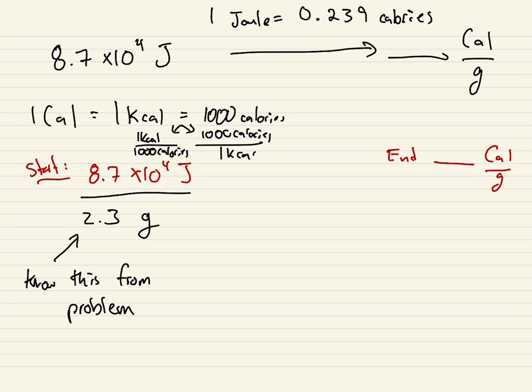We also get two conversion factors up here, 1 joule per 0.239 lowercase calories and 0.239 lowercase calories per 1 joule. Right, so those are all the conversion factors.